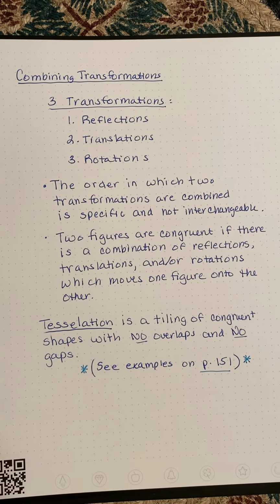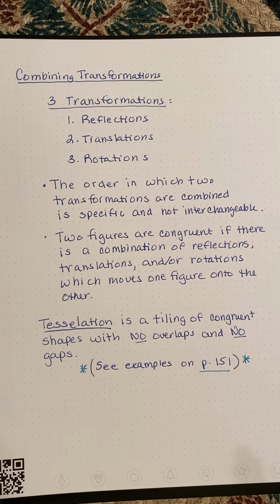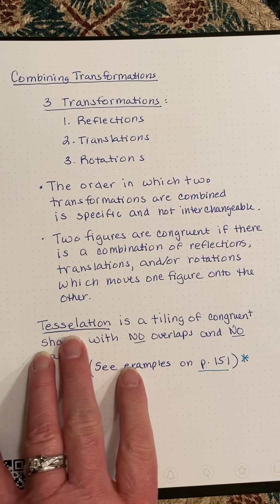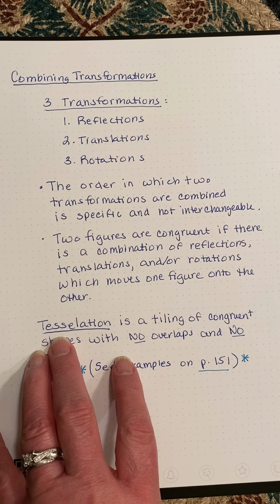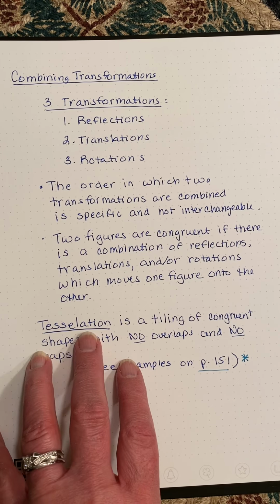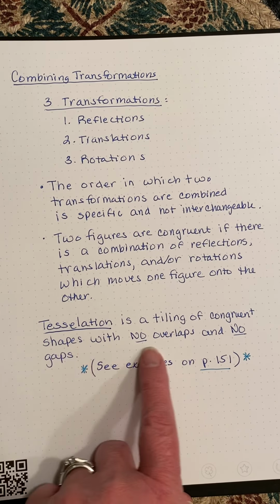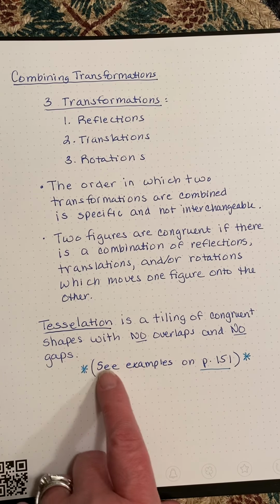There's other ways to determine congruency, but if all you're doing is working with the shapes and you don't have measurements, this is the way to do it. That's why measurements are much more precise. We also learned the word tessellation. Tessellation is a tiling of congruent shapes with no overlaps and no gaps.